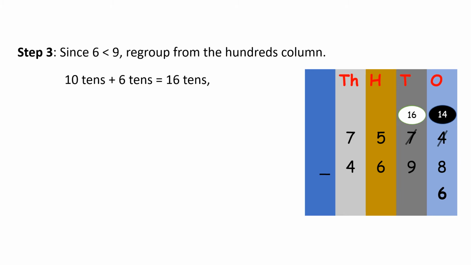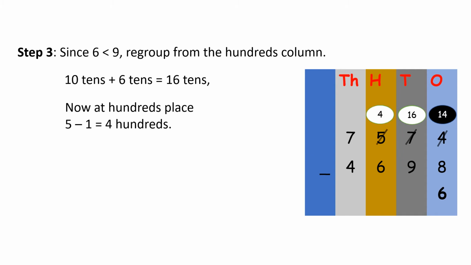Now we can easily subtract 9 from 16. Then in the hundreds place digit what will happen? Before it was 5 hundreds, now 100 is already taken. How many hundreds are remaining now? Only 4 hundreds.